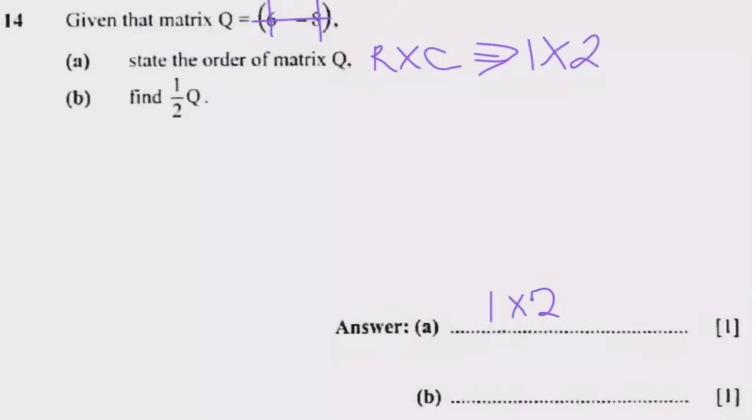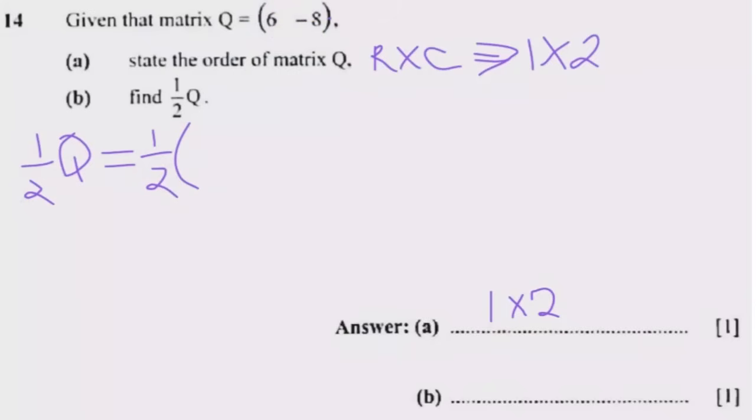What I'm going to do to work out this one is write the expression, which is 1 over 2 Q, then open bracket, I write the actual matrix. In case you can't see exactly the numbers that are there, let me just erase what I wrote.